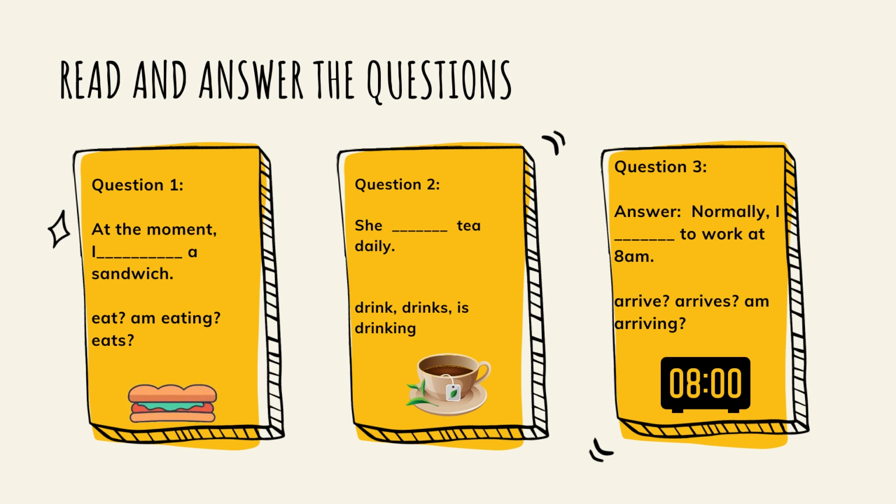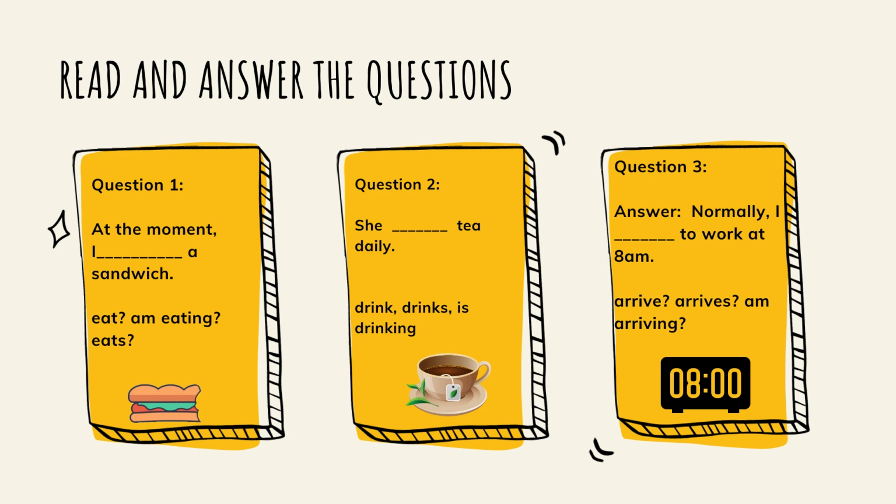So let's check for your understanding. At the moment, I blank a sandwich. I eat a sandwich. I am eating a sandwich. I eats a sandwich. She blank tea daily. She drink tea daily. She drinks tea daily.